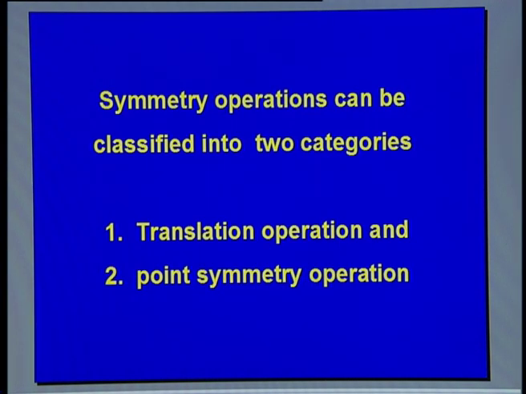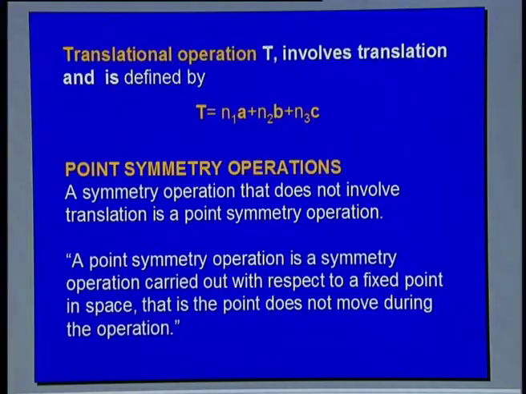Translation operation corresponds to the crystal, so that we can translate it along a plane, whereas the point symmetry is confined to a particular point. Same is the case with the NH3 molecule, which I have shown you. There also the atom N, the central point, will not change during the point symmetry operation.